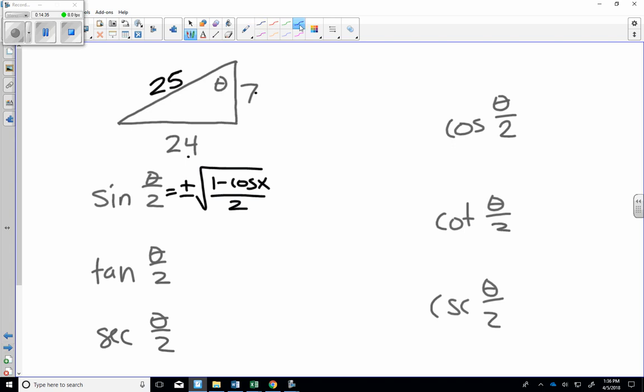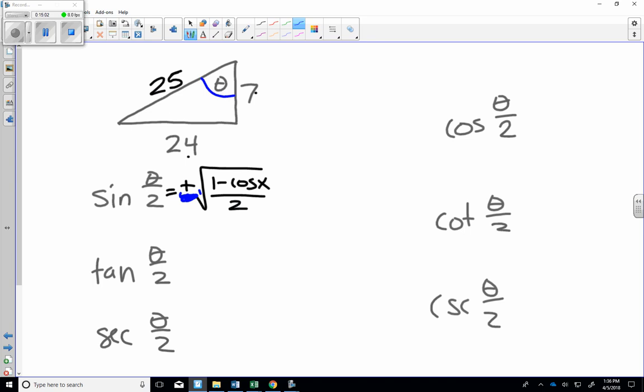Now the plus or minus is there depending on where the angle is. In this case, since we're dealing with a right triangle and it's theta, we're going to have a positive answer here. If they were saying that theta was in some interval, then you would have to figure out where that angle is and where the half angle would be to know what sign to use.